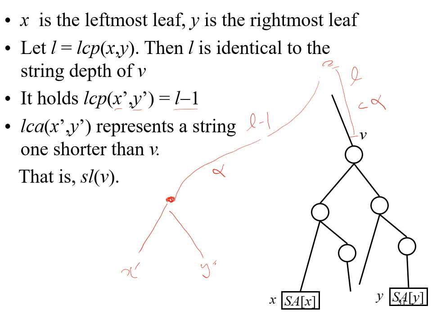So the first characters are the same as alpha. Okay? So this node is the node pointed to by the suffix link of v. So just by computing the LCA between x prime and y prime, we can obtain the suffix link.